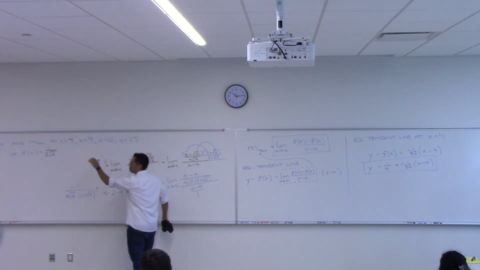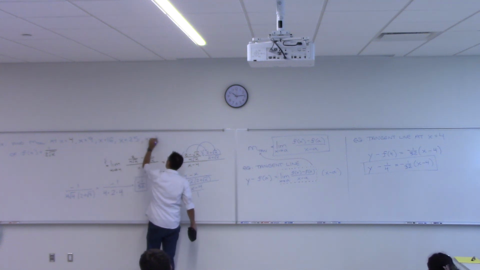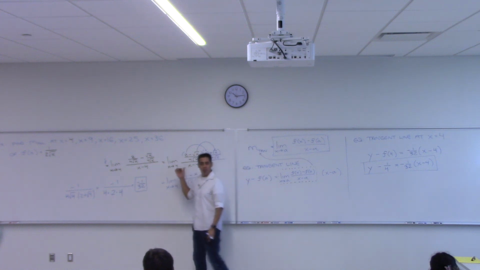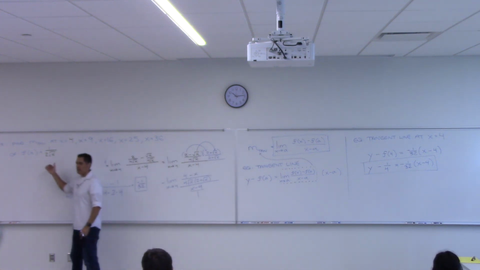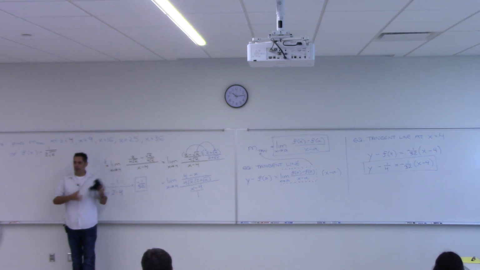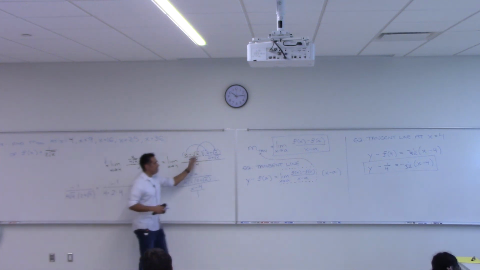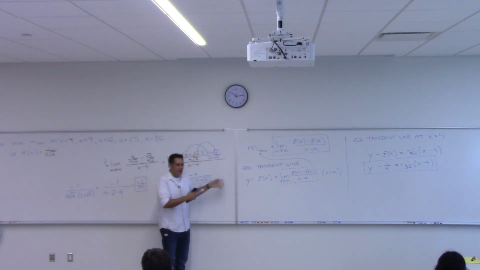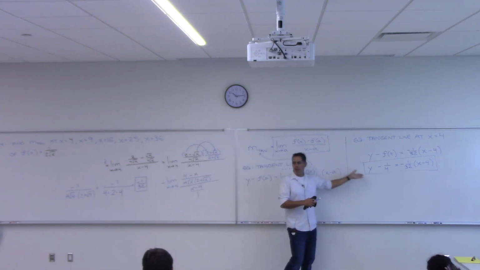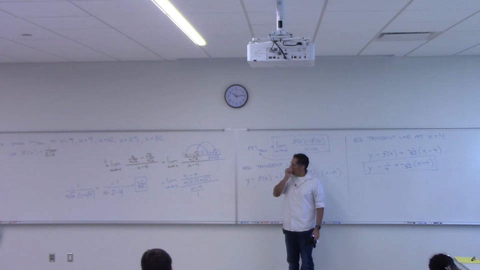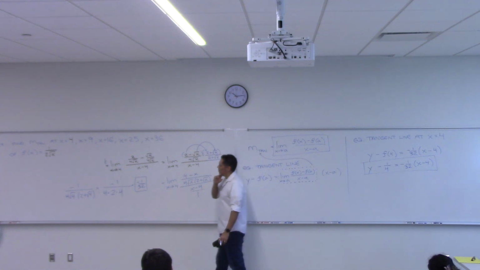I'm doing perfect squares to make the problems easier. x equals 36, right? Can you imagine the work involved to do that for each one of those? You would have to run through this limit each time and then get your answer, negative 1 over 32, whatever it is, and then plug it in if you wanted the equation. Wouldn't that be awful to have to do that many limits? Yeah, that would be awful.